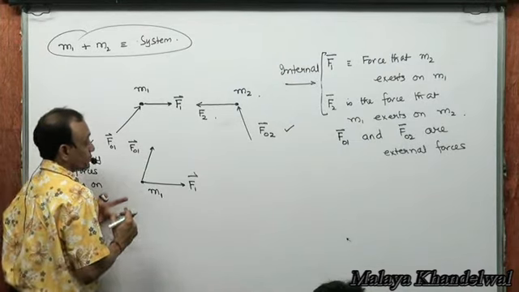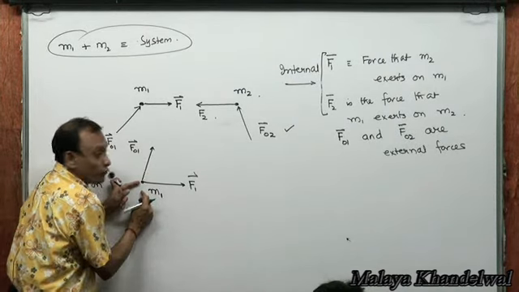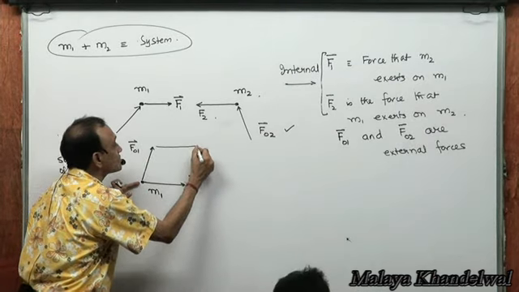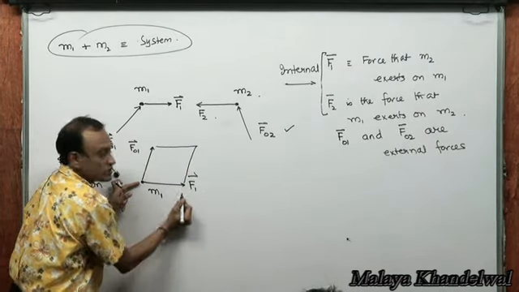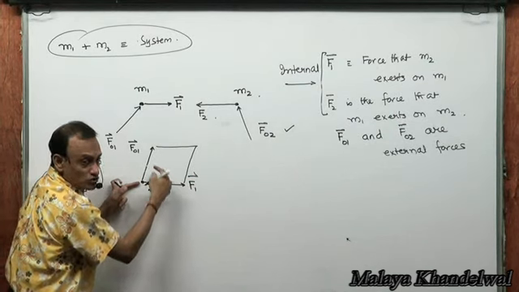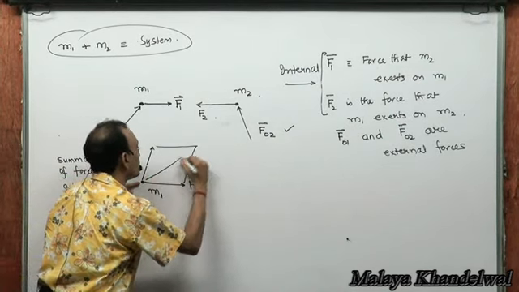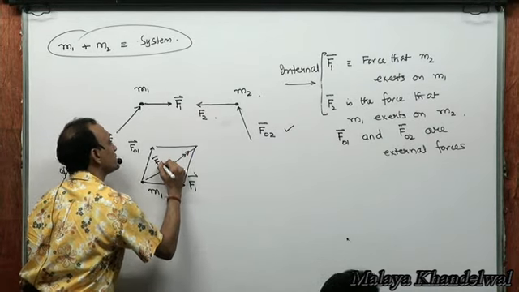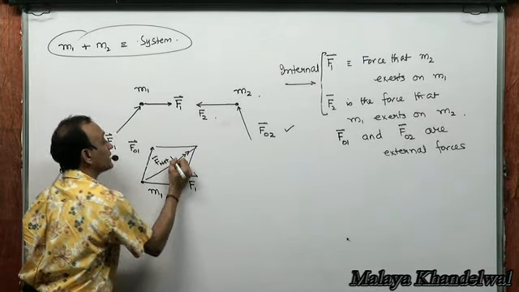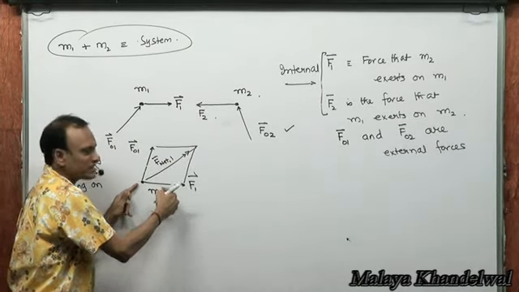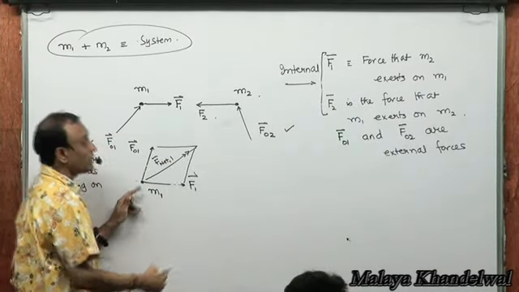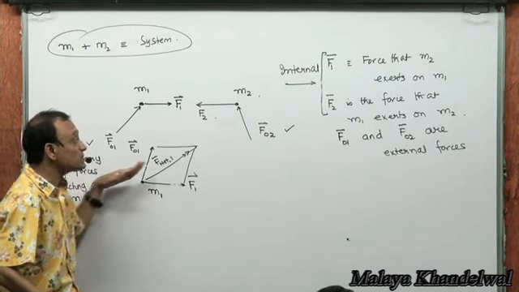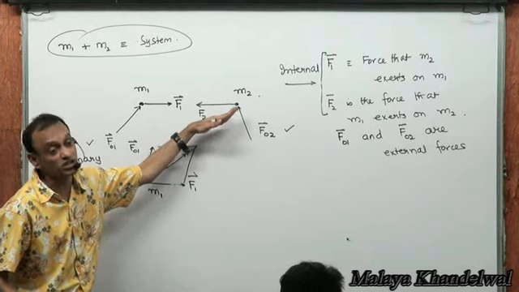The net force acting on M1 would be the resultant of these two forces, yes or no? This is the net force acting on M1, F net. I can find the resultant using the parallelogram law of vectors. This must also be the direction of the net acceleration of M1.